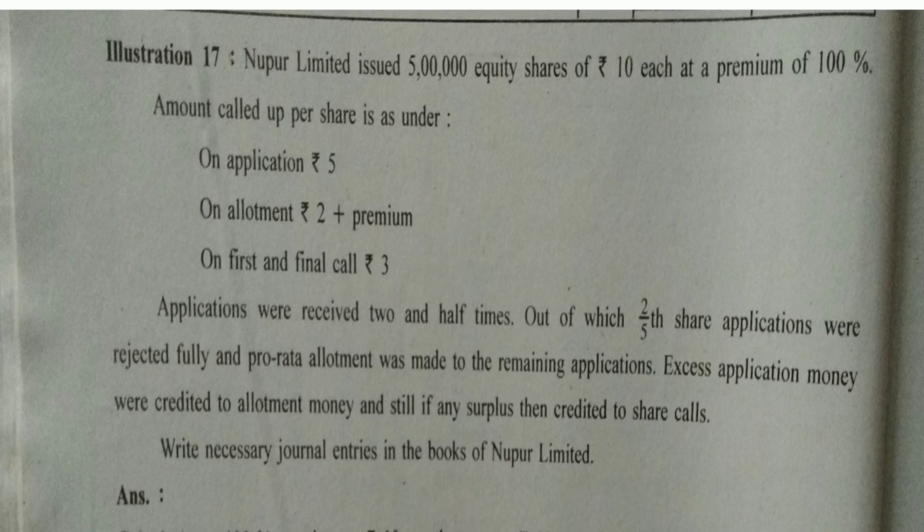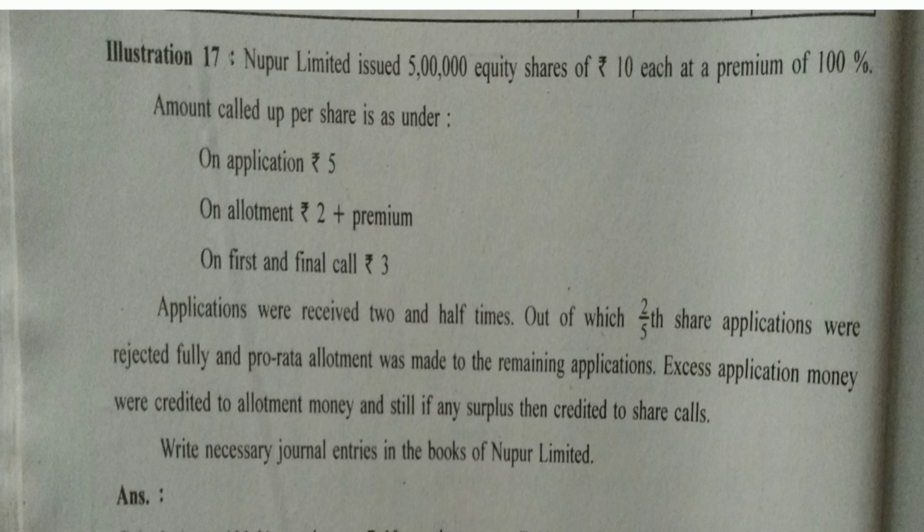What does a company do? I have always instructed that whenever you solve a sum, whenever you are writing down journal entries, you have to consider yourself as the owner of the business, that the business is yours, so that you can understand it in a better way.